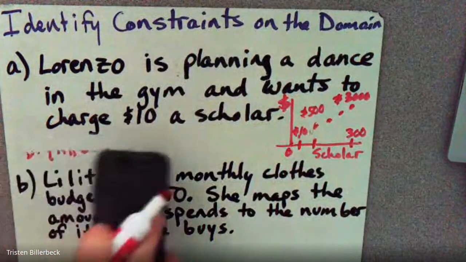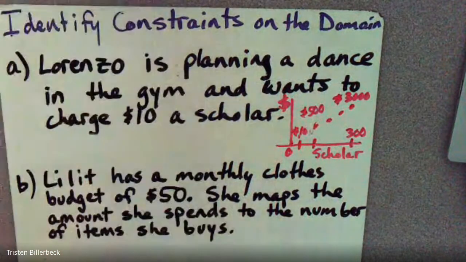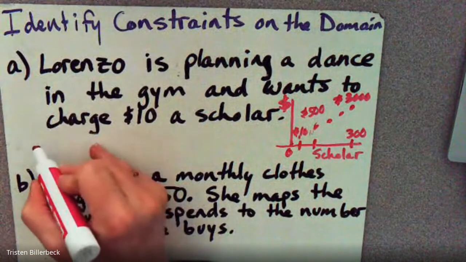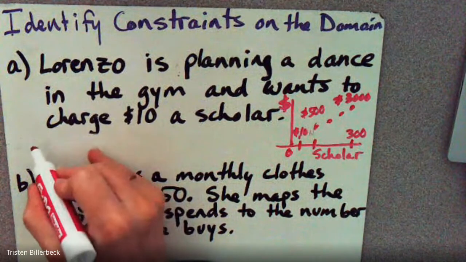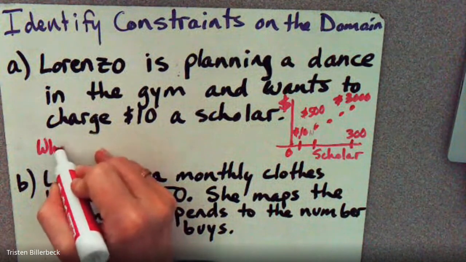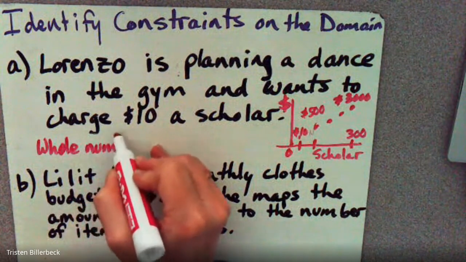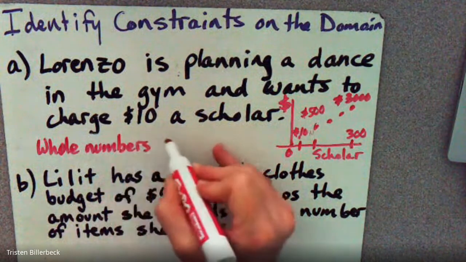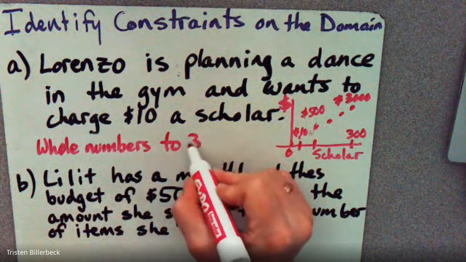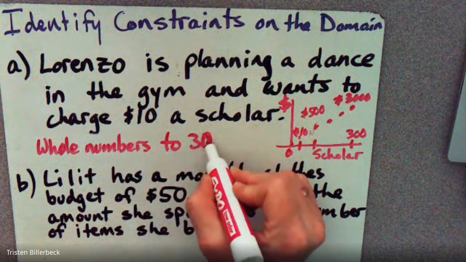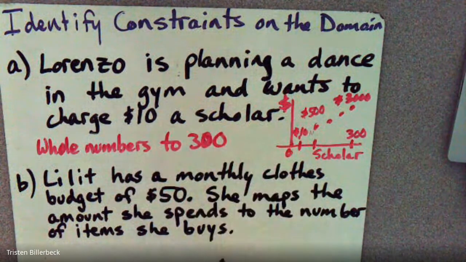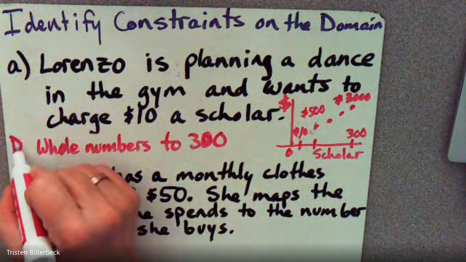I guess we can't use that notation because this is discrete. So let's go ahead and say it is whole numbers to 300 because of the fire department. So that's the domain.